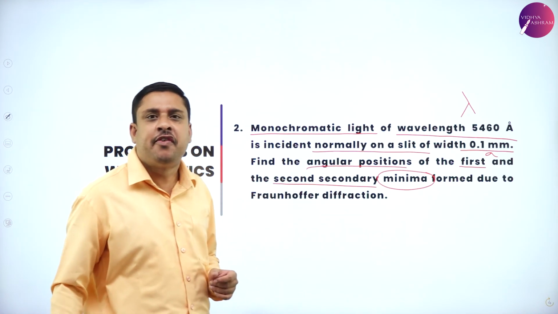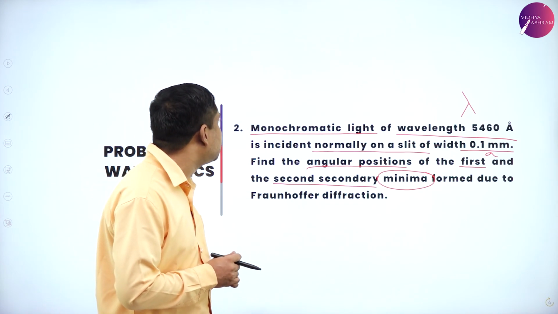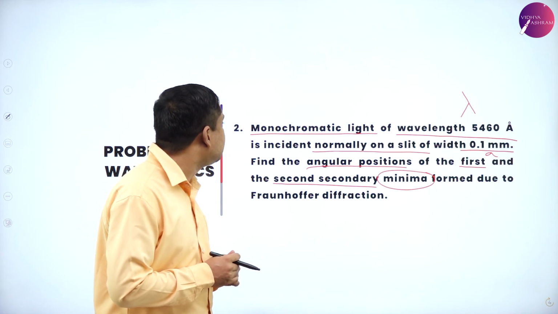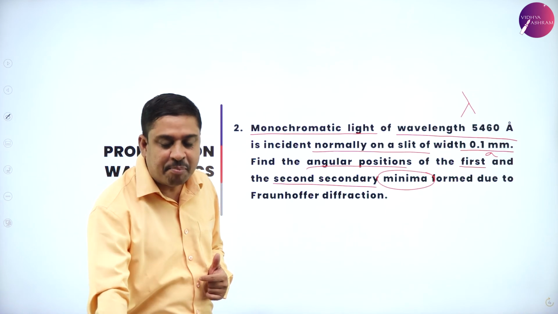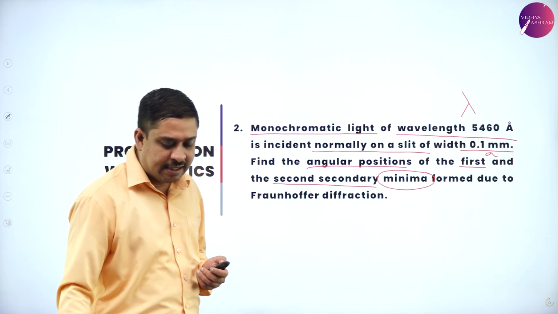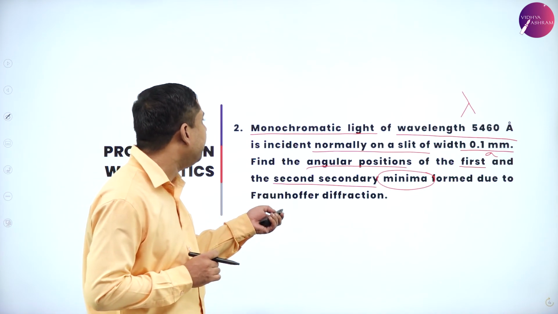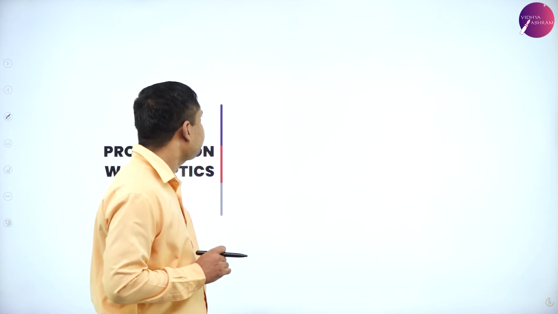I have to find angular positions for the first and secondary minima. So first and secondary minima formed due to Fraunhofer diffraction.